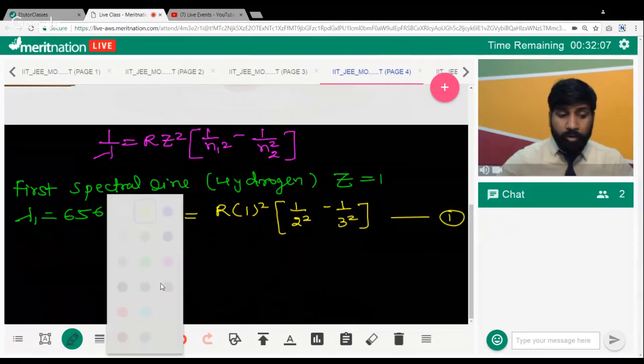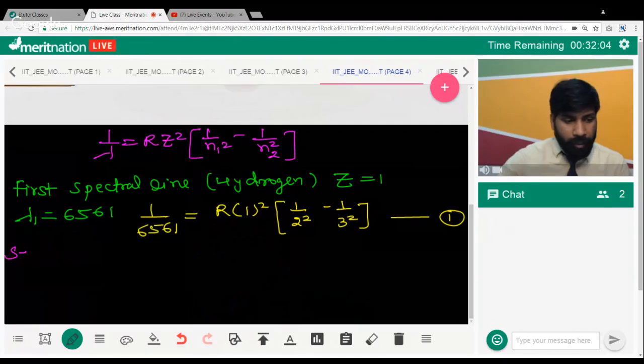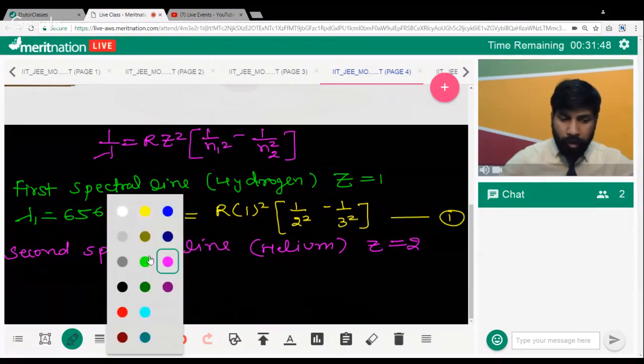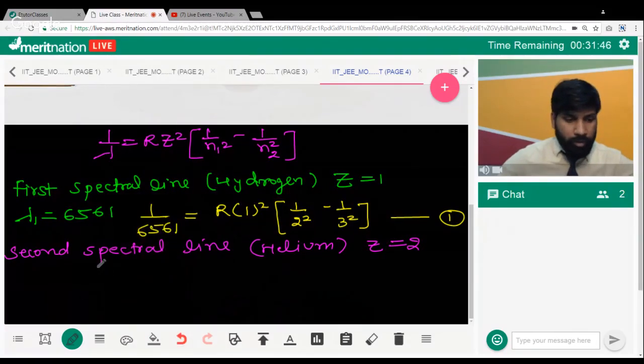Now let's talk about the second spectral line, and that is for helium. This one is for helium, and we need to take the value of Z equal to 2. Now we need to find lambda here. Suppose 1 by lambda is equal to R, and here Z is 2, so 2 square.